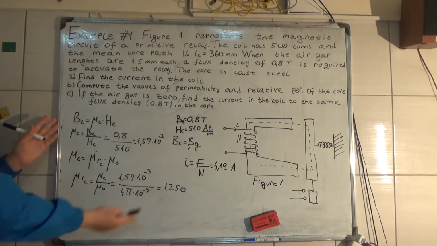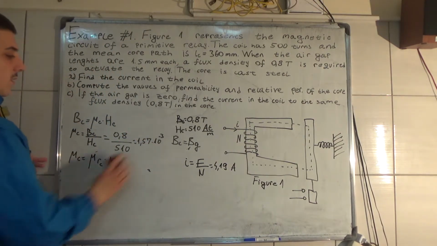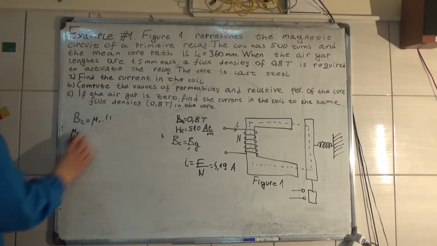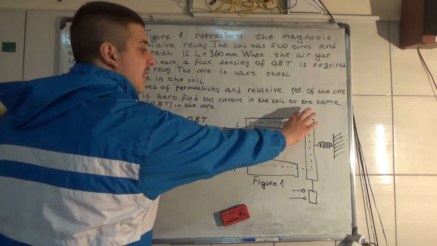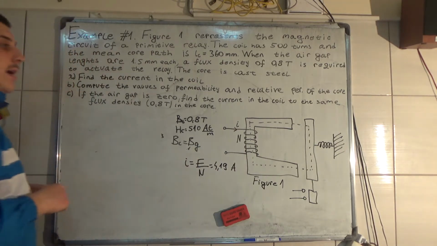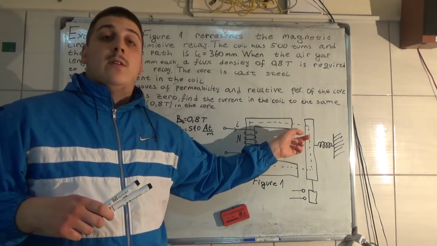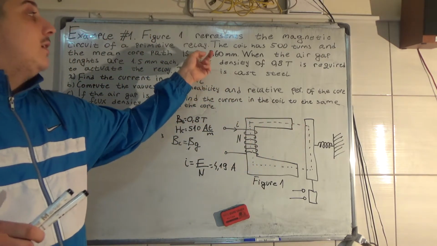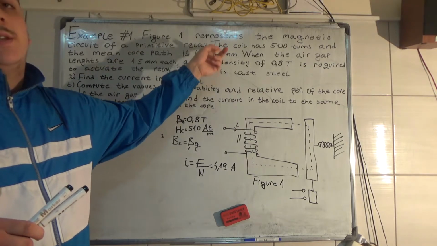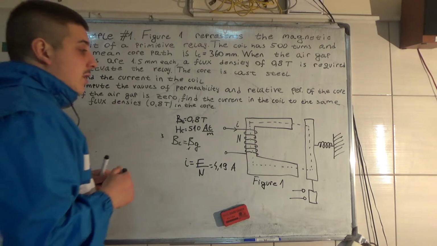Now I'm gonna clean this up. Now we have another situation where this is connected here. Now there is no air gap, and the mean length is equal to 360 millimeters.